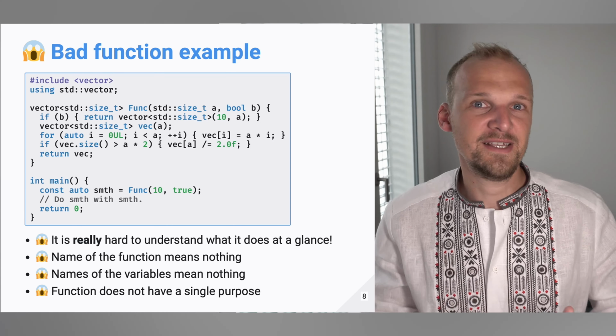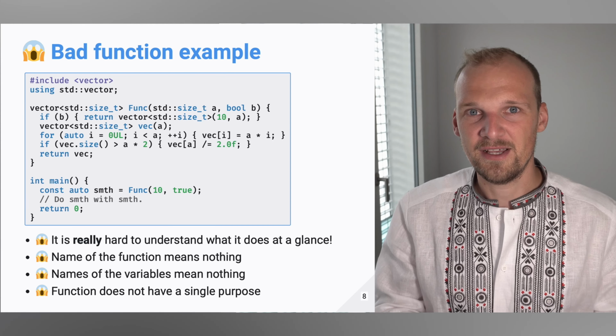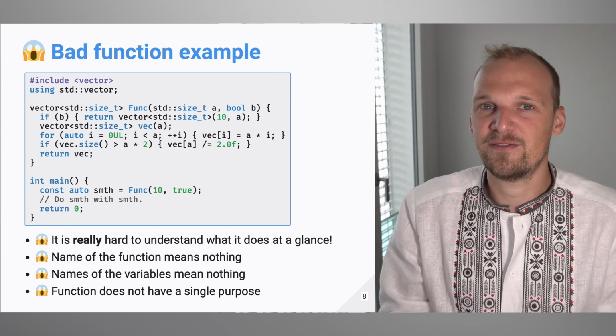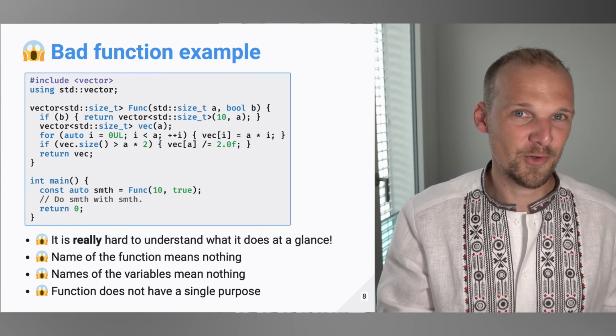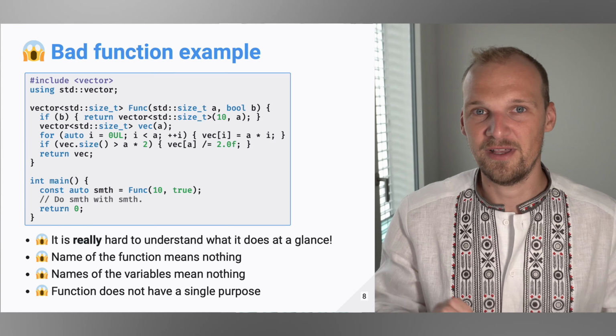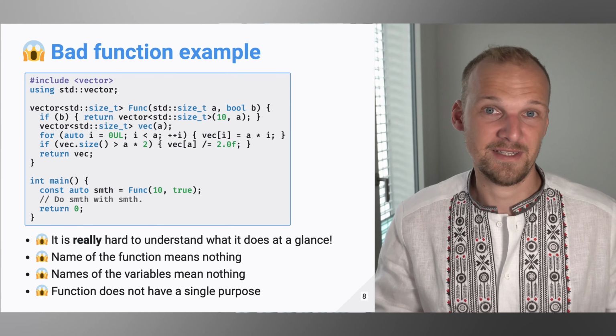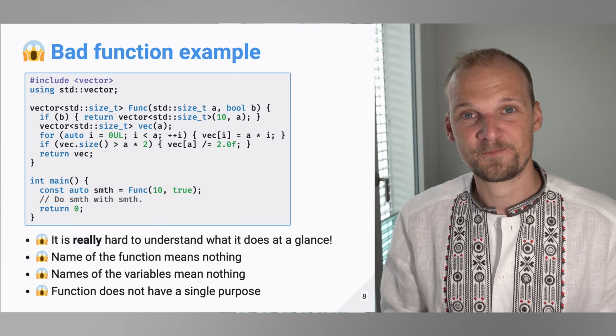It does a couple of things that are not really related to each other. So it's really hard to even name this function at this point, which means that it probably should not be a function at all, and it should be split into multiple ones that would have proper names. I hope it explains what I want to convey here, that every function should be like a good function, right? Have a good name, do one thing, yada yada yada.